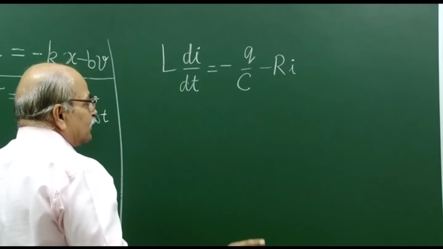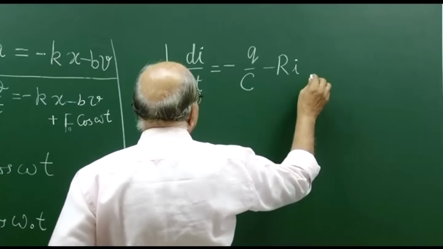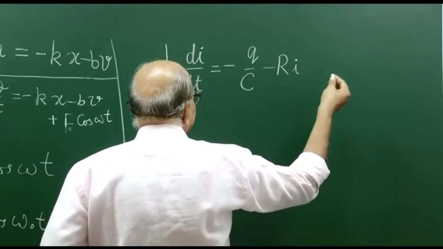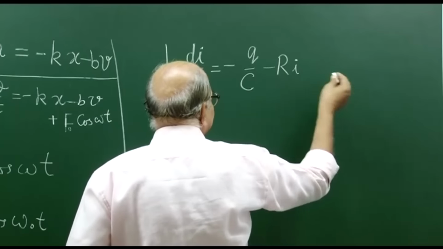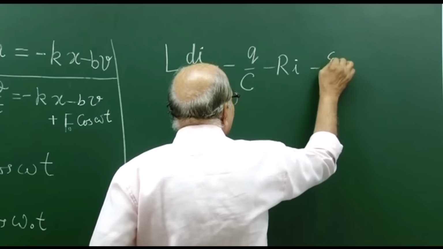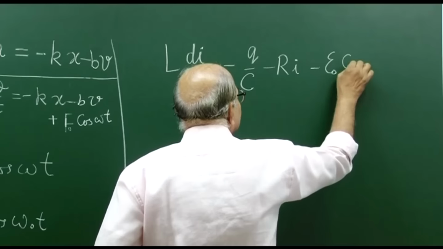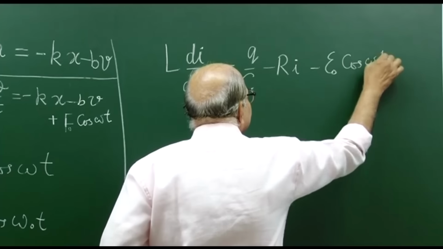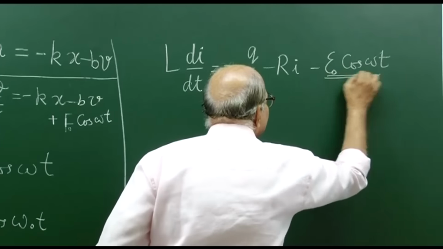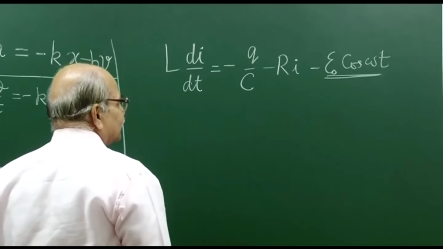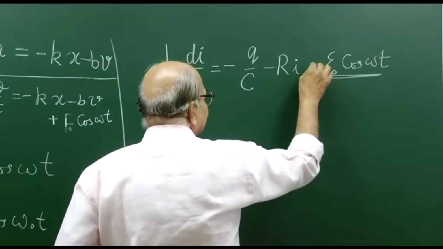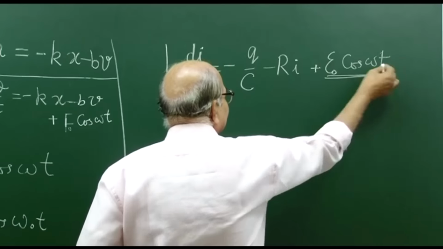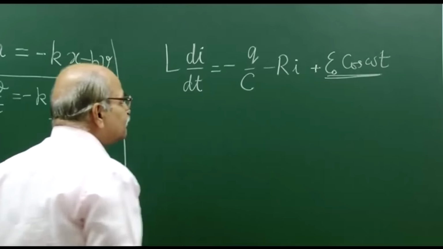R times I, and now you have an extra term, E. So, I can write E naught cos of omega t. So, this is that external force which we are using, or you can put a plus sign, it does not matter, I am not writing the phase.